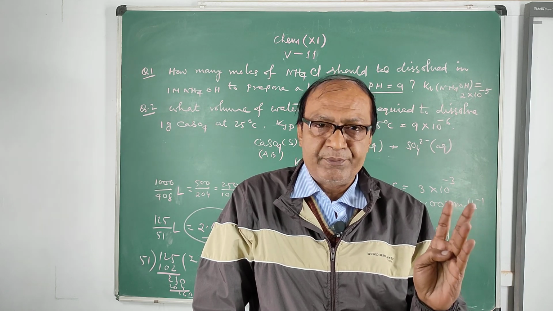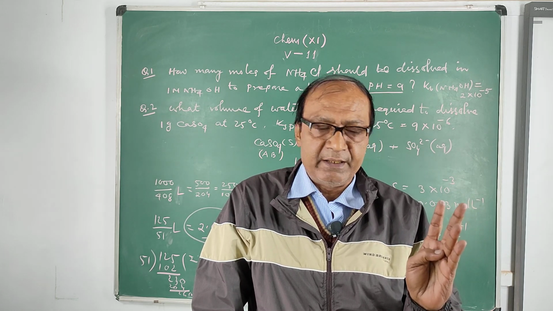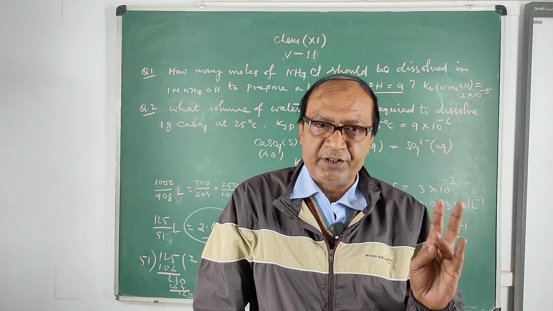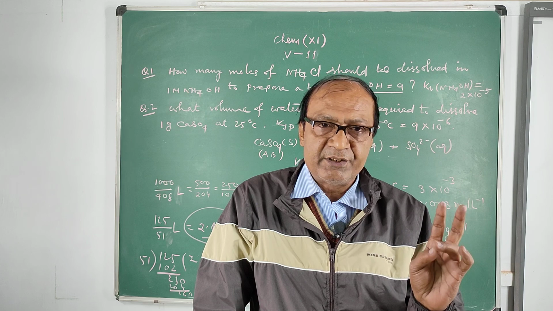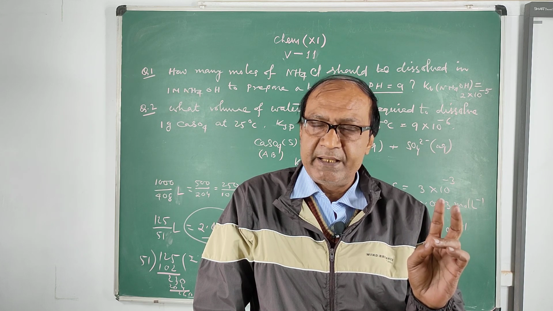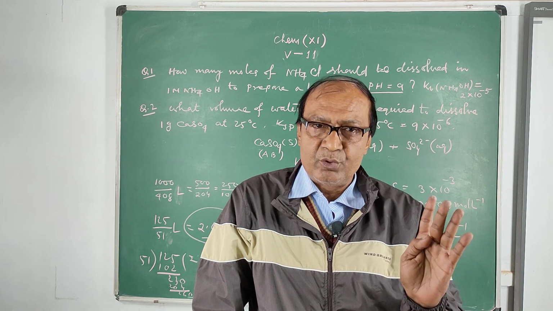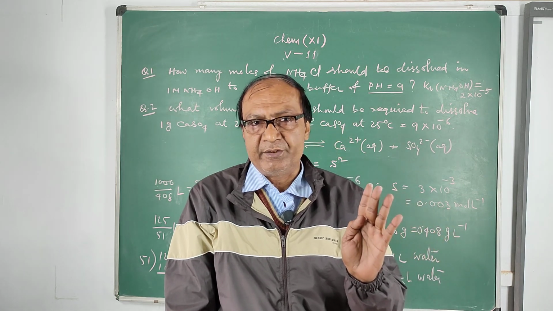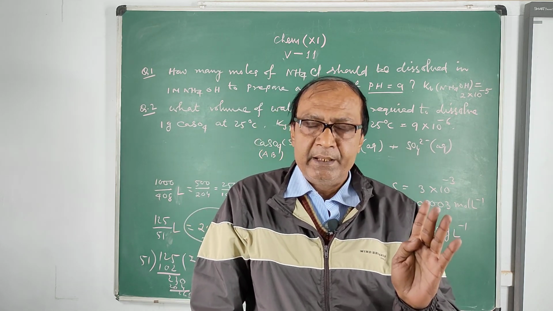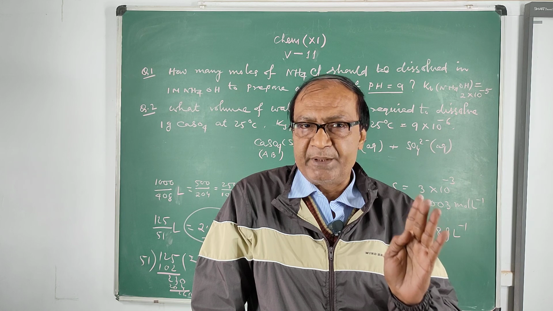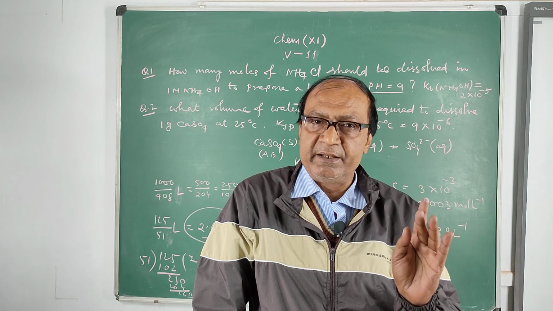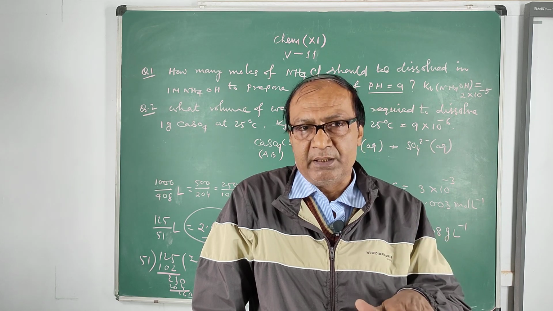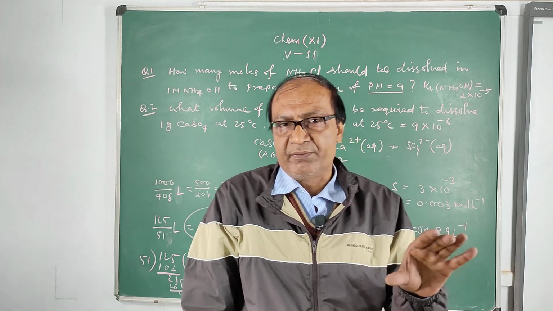Again, it is of two types: equilibrium constant in terms of concentration, Kc, and in terms of partial pressure, Kp, and the relation between Kp and Kc. Then you have reaction quotient Qc and Qp. Then you have Le Chatelier's principle and the effect of pressure, temperature, concentration and inert gases upon the equilibrium system. This is the first part.